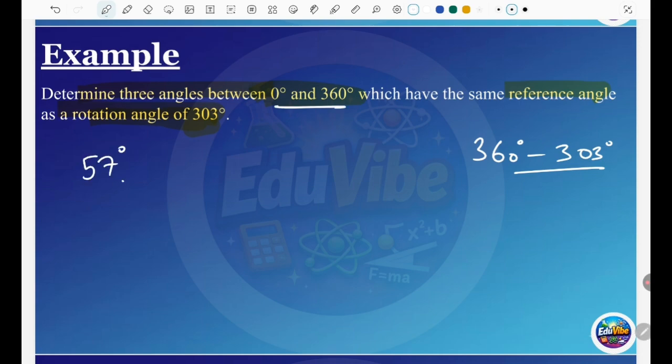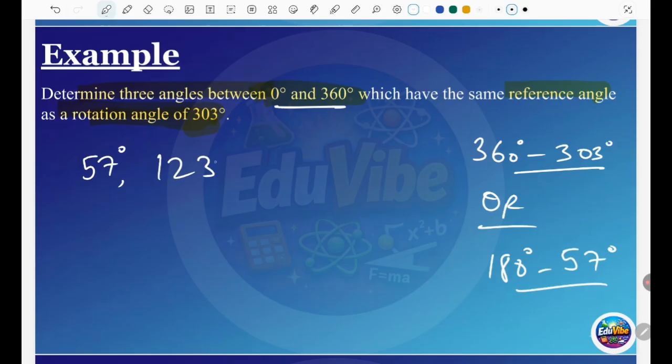So you get 57 degrees first. Then you have 57 degrees as the reference angle. For quadrant 2, you will do 180 degrees minus 57 degrees. You will get 123 degrees.